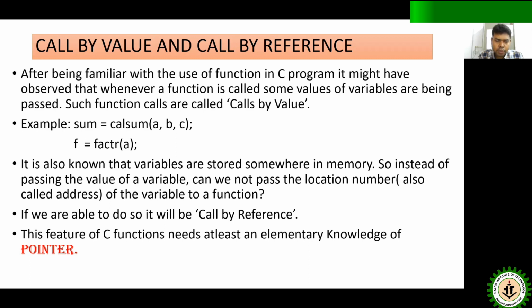In that way the values are passed to the called function. Now inside the function, the mathematical operations are done. In the case of calsum, we calculate the sum of the three numbers, and after the calculation we return the summation of the three numbers.